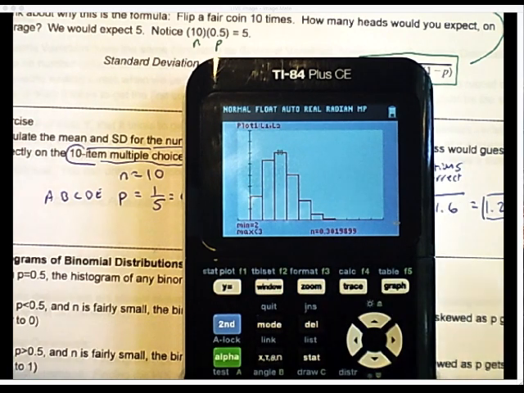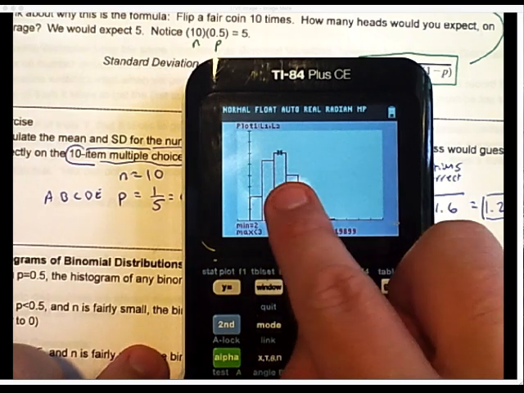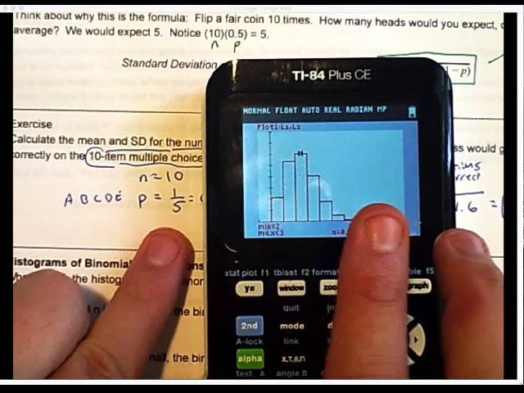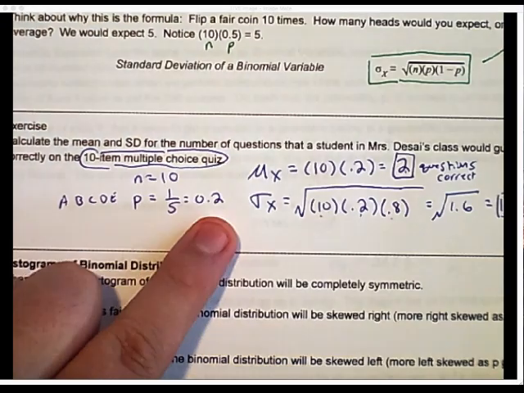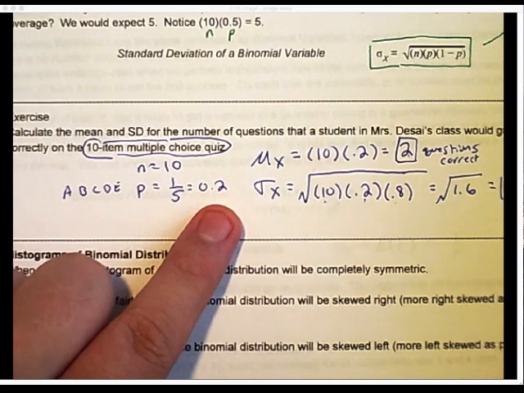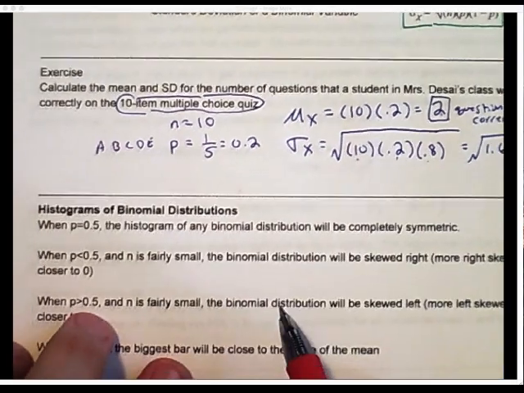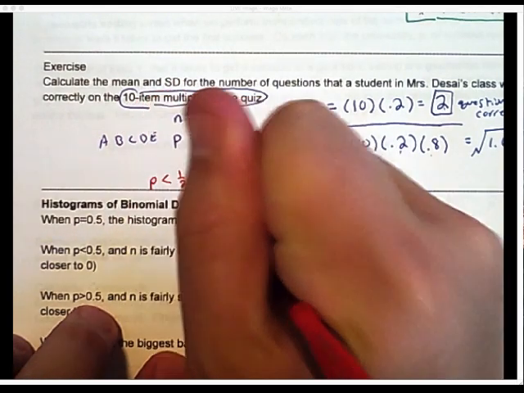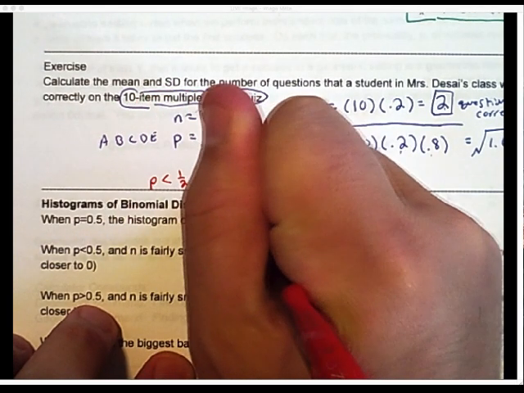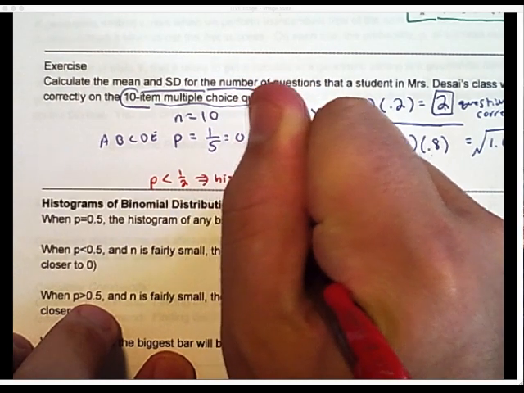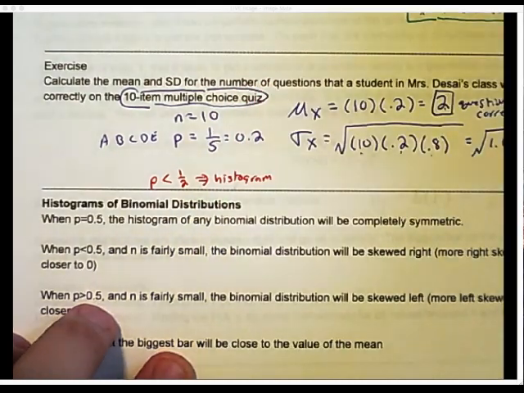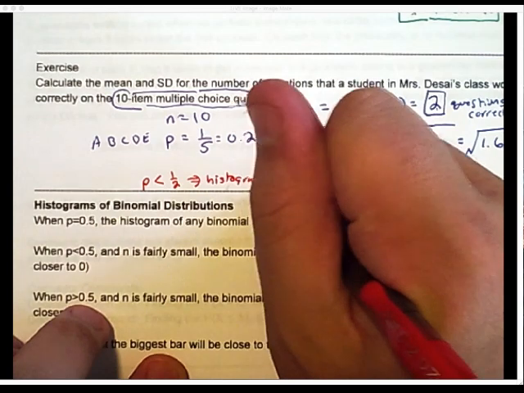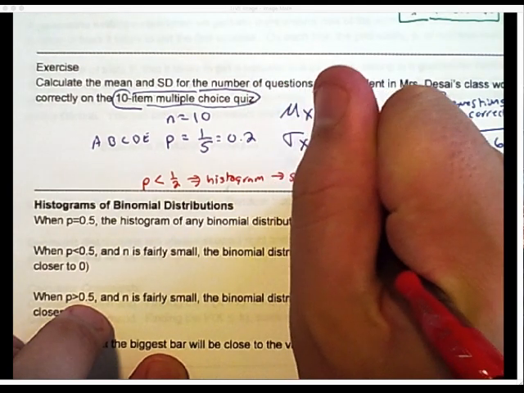So the important distinction here, for this particular example, is that p was less than 1/2. So here's a general statement. If p is less than 1/2, the histogram is going to be skewed right.